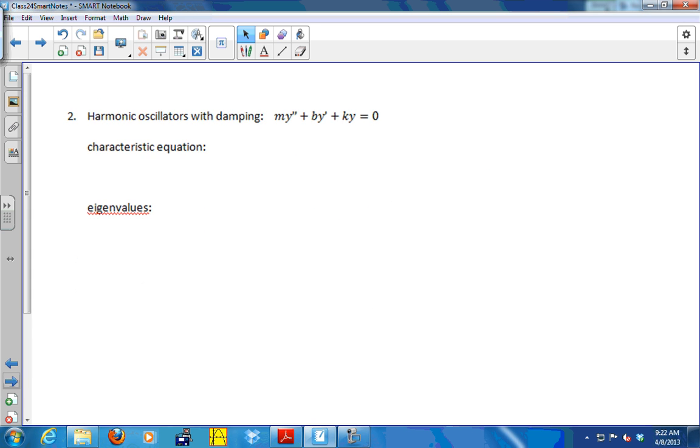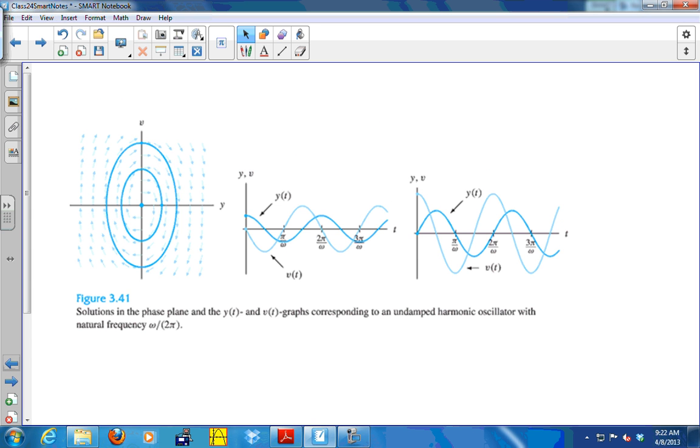Are those specific omega values? No, well, yeah, to make the graphs, they had to put in an omega value, but they labeled it pi over omega, 2 pi over omega.